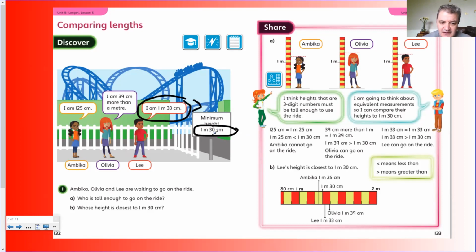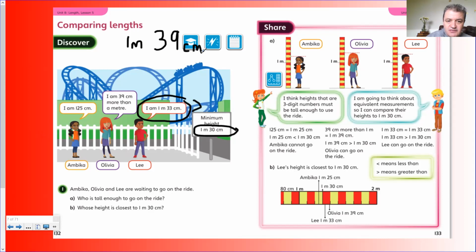Now Olivia says she's 39 centimeters taller than, so 1 meter 39 centimeters. We've used the same units. The measurement she's given is in meters and centimeters.